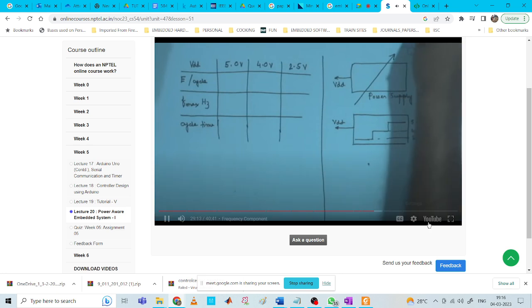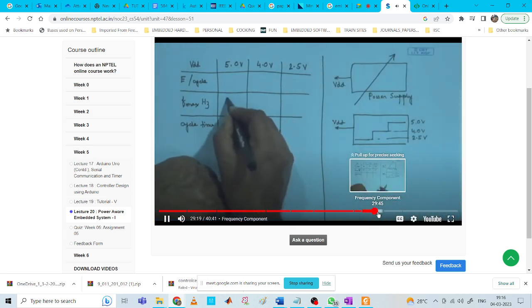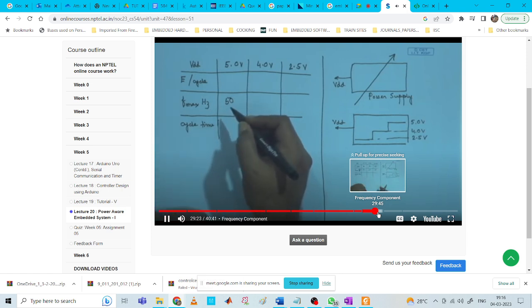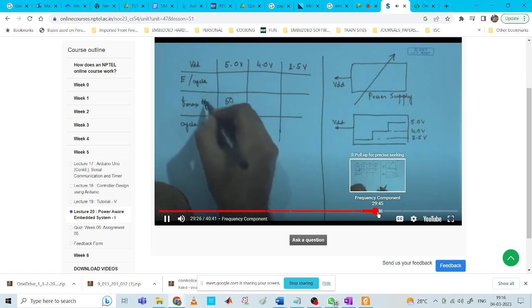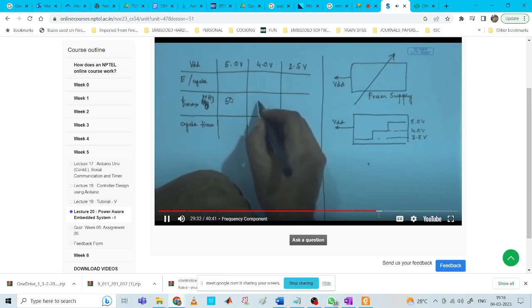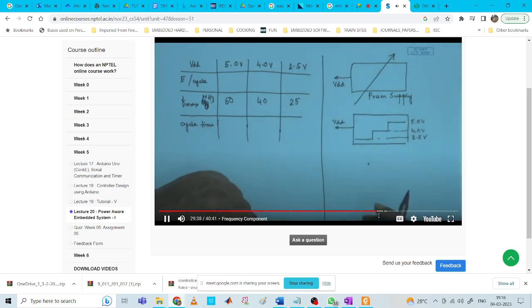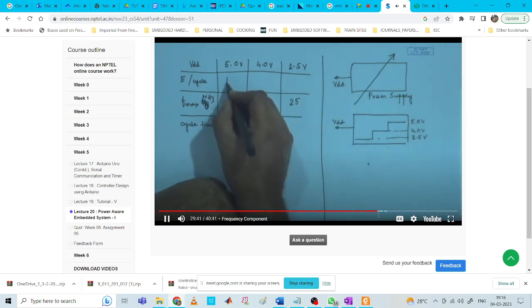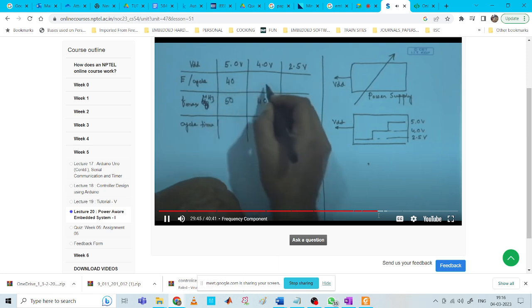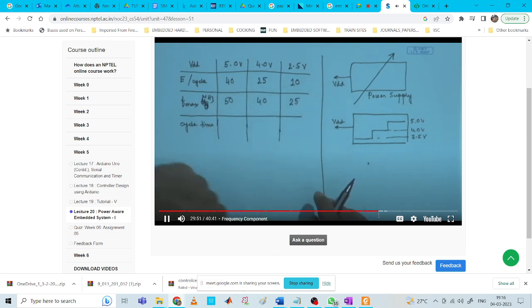So as you know, frequencies in megahertz, it can be 50, 40, and 25 megahertz. By the characteristics, I found that these are the values. So the energy per cycle here we found is 40 nanojoule. For this, it is 25 nanojoule, and for this it is 10 nanojoule. And the cycle time, therefore, this is 20, in nanosecond.